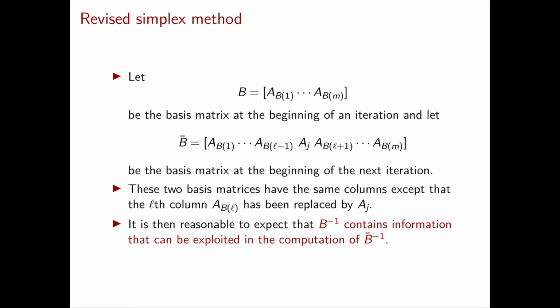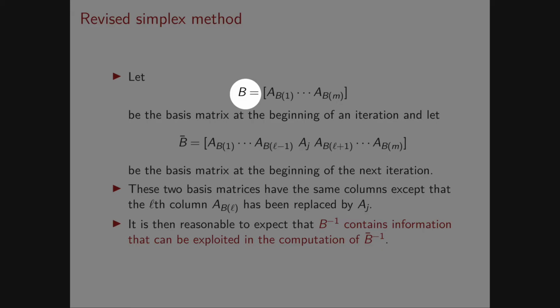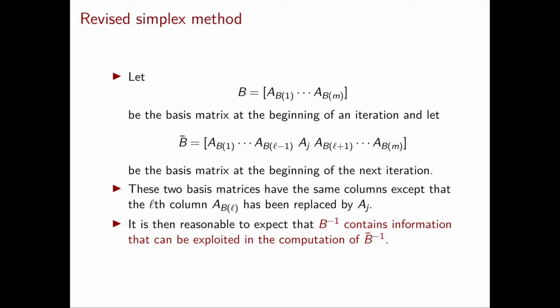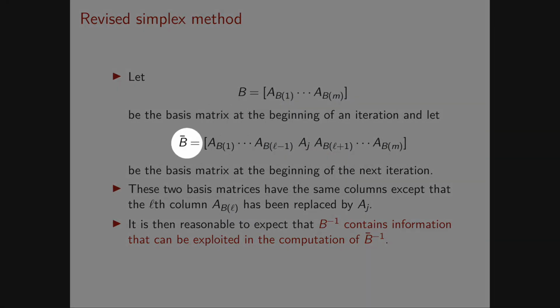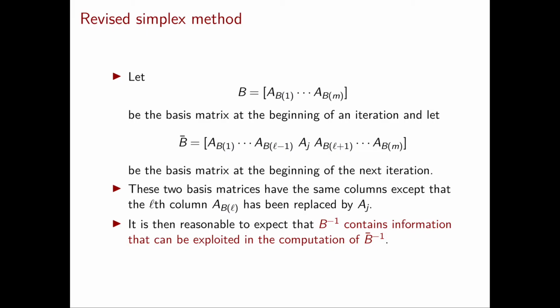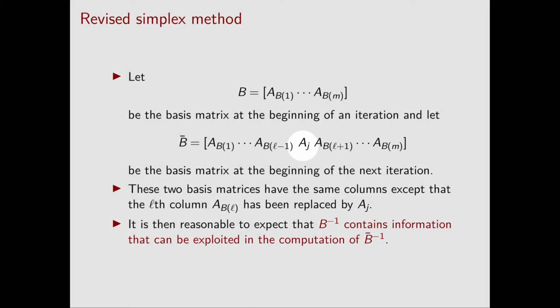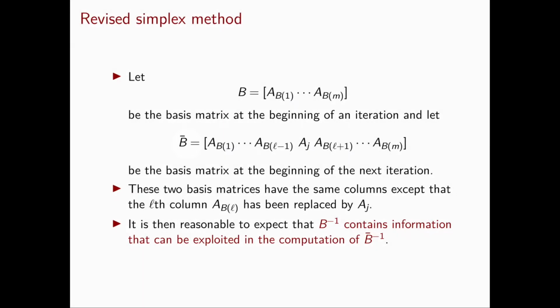In fact, at the beginning of our iteration, B is equal to AB1 through ABM, our m basic columns of the constraint matrix A. Now at the beginning of the next iteration, the basis matrix that we now call B bar is almost the same. We only replaced one column, namely ABL, with AJ. So B and B bar are almost the same.